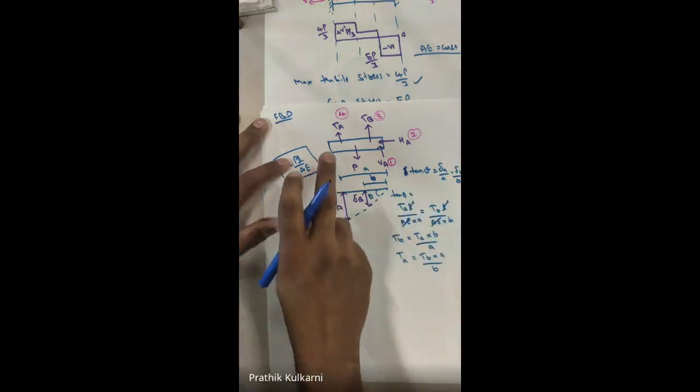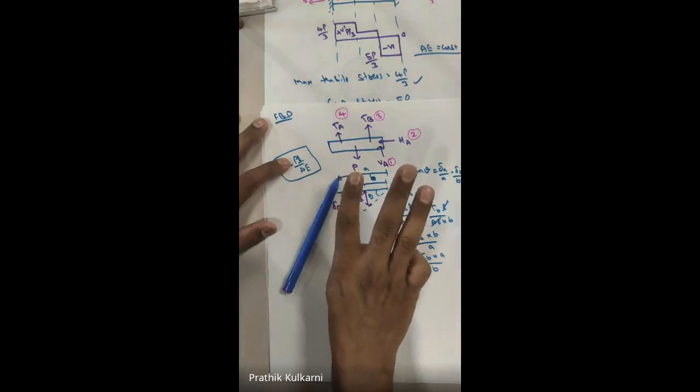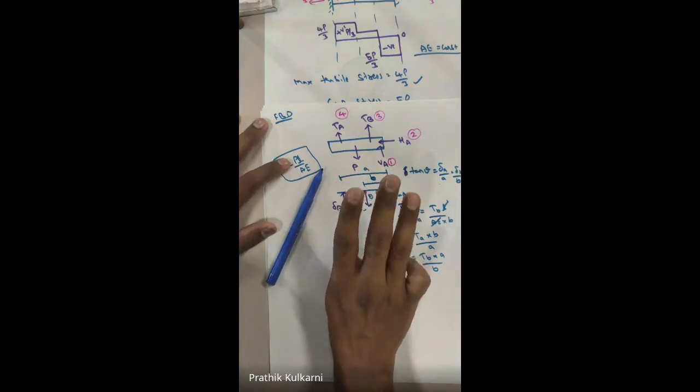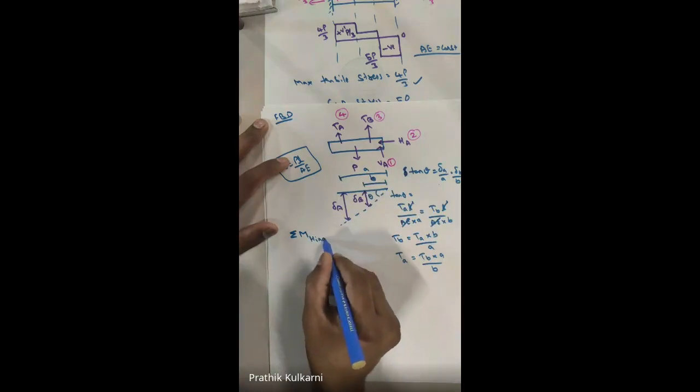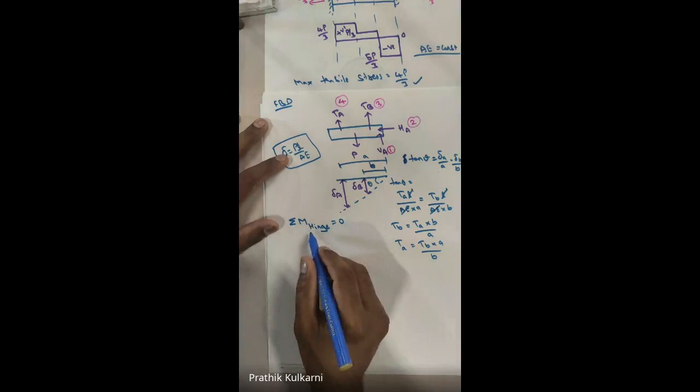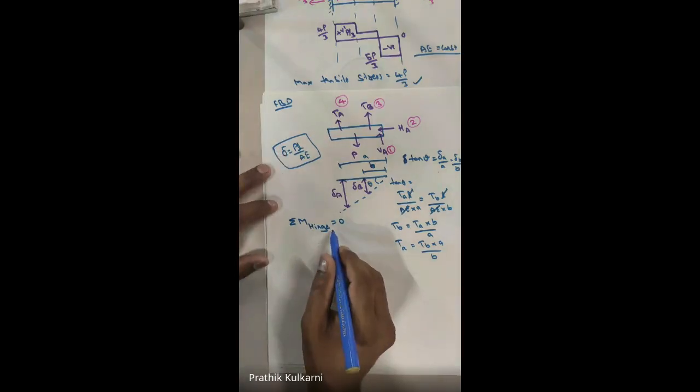So now the total number of reactions here are 3. Yes or no? Now I can solve. So I will take my moment at the hinge, which should be equal to 0. Sum of all the moments at that point should be equal to 0.